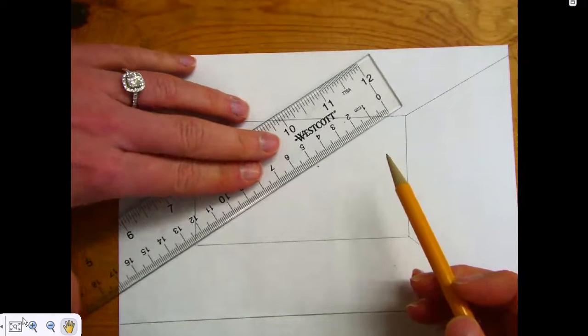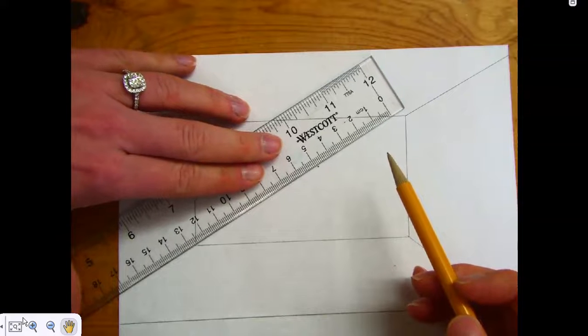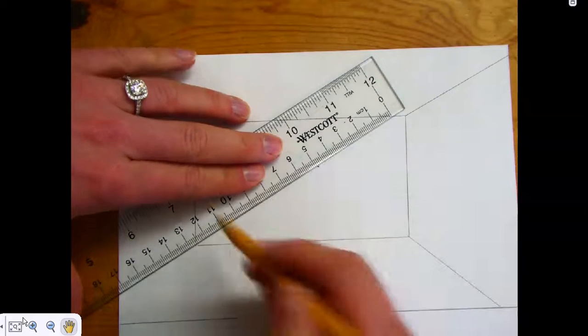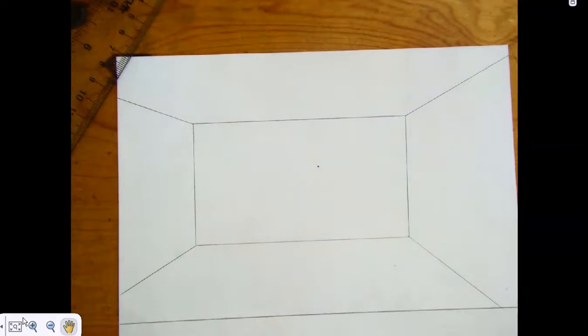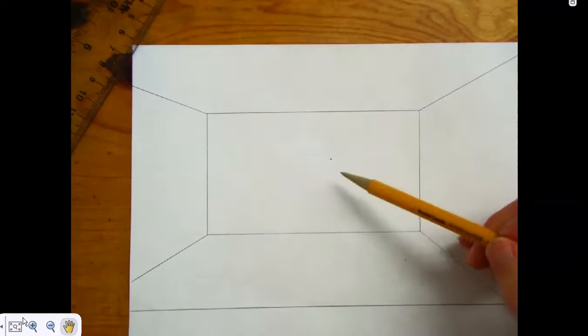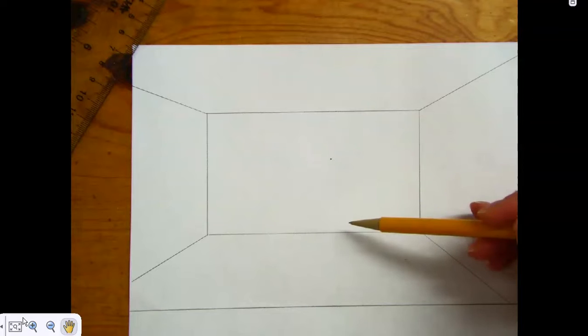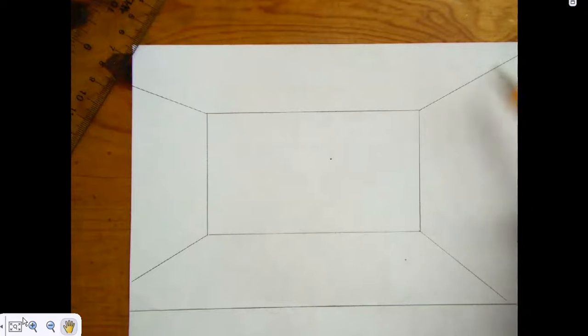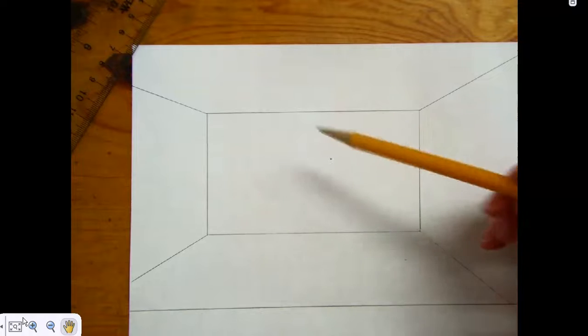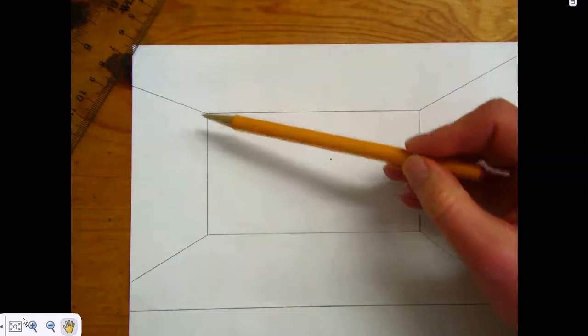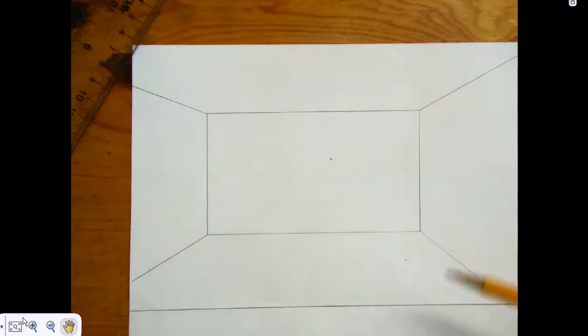It's not supposed to necessarily be perfectly symmetrical. If you got everything perfectly centered, vanishing point perfectly centered, then yes, it would be symmetrical. But it all depends on where you're standing in the room. So I'm a little bit off to the right side, which is why some of these lines are higher and lower, and these ones aren't quite as steep looking, okay? It all is relative to your vanishing point.